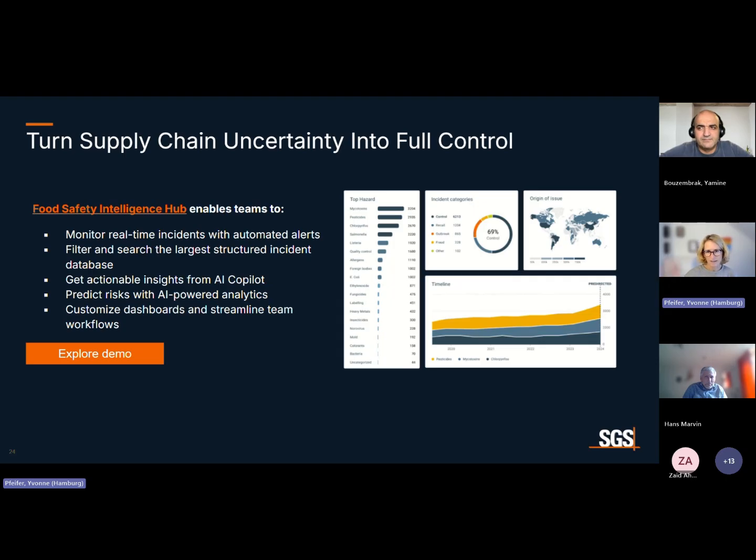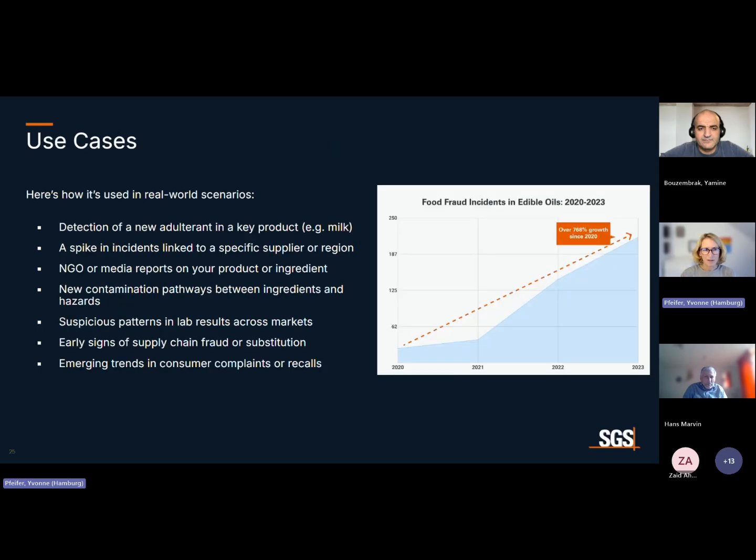And how this looks is, you will get intuitive dashboards, created to your needs, with the top hazard ranking and also the market or regions. I would like to give you a few examples or use cases where you could use this.